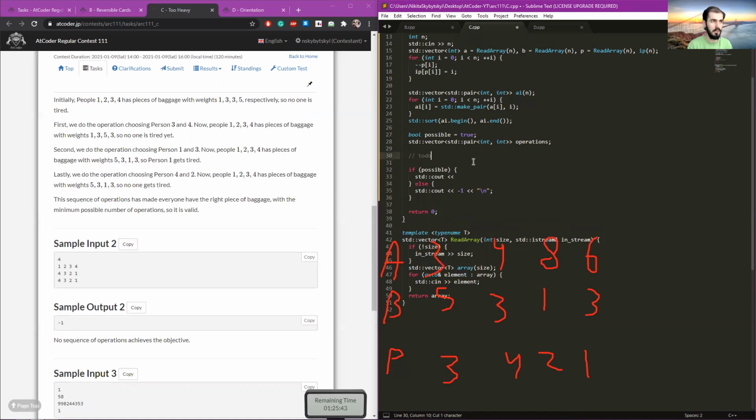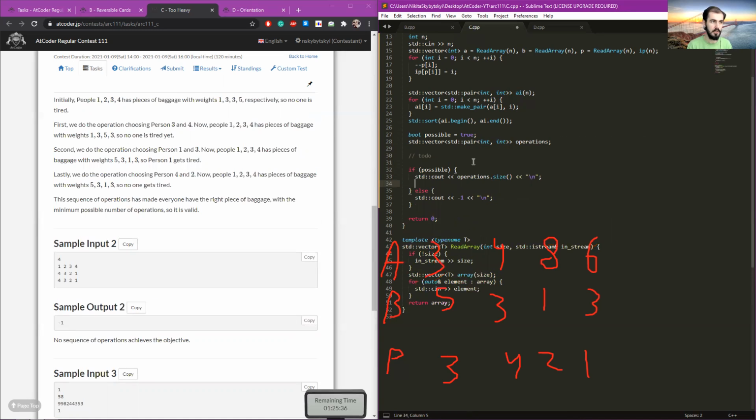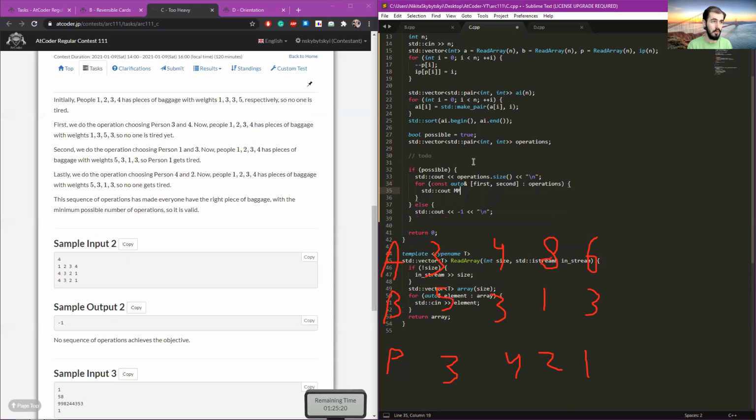Currently the to-do list here. We'll first output the number of operations it took us. And then we output pairs of our permutations.